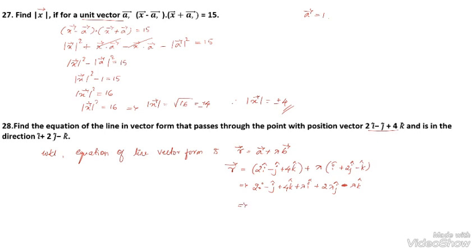In vector form, I can take i cap, j cap and k cap as common factors. So we write 2 plus lambda.